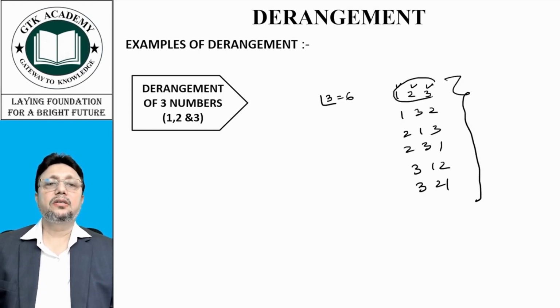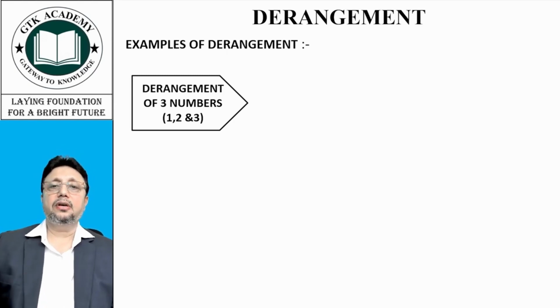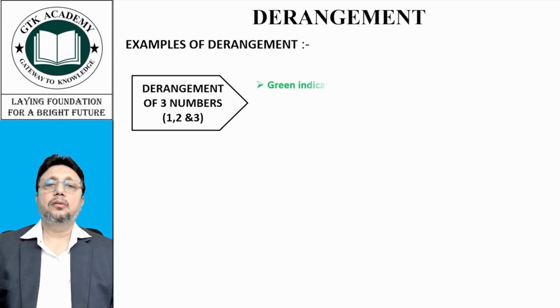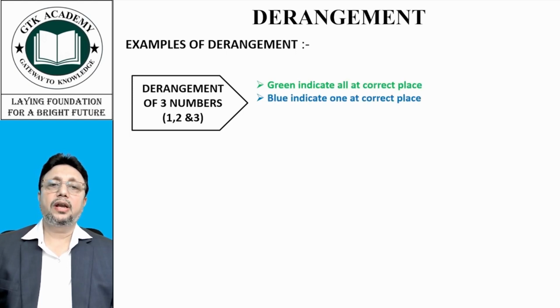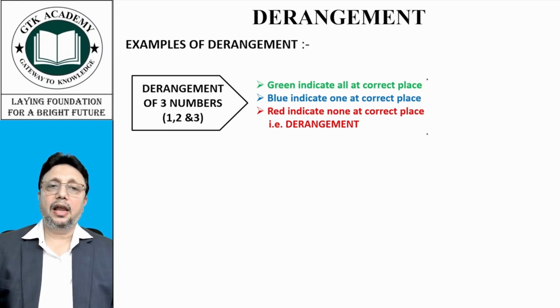In this you have every number at its correct place. Here you have 1 at its correct place and 3, 2 are not at their correct place. Anyway, we'll depict by some colors. Green means all at correct place. Blue indicates 1 at its correct place. Red, none of the numbers is at its correct place.